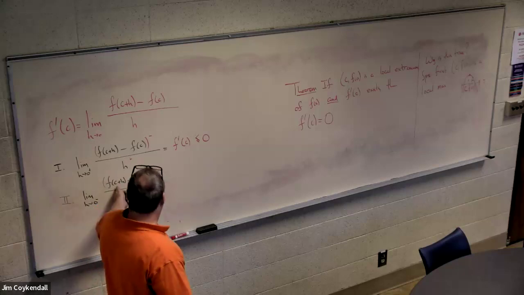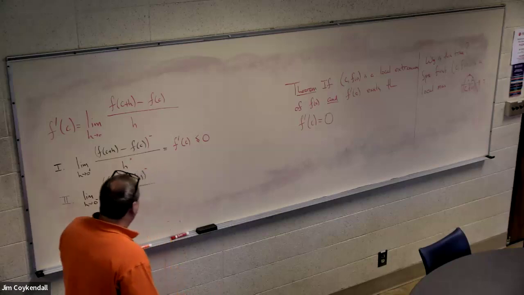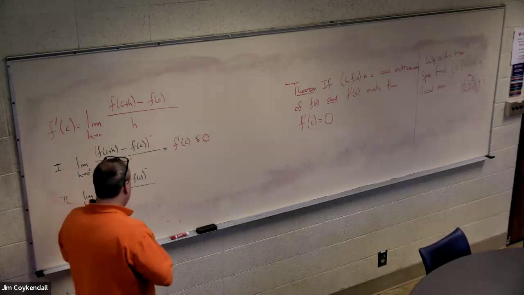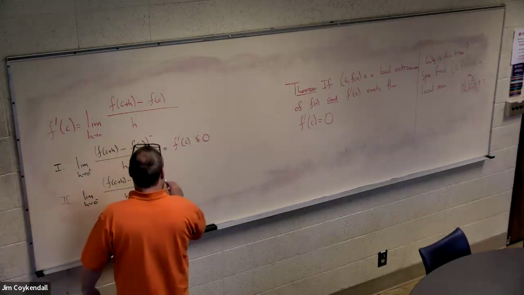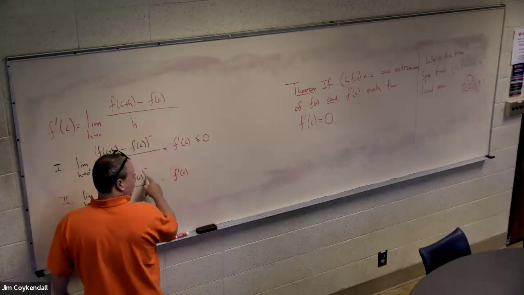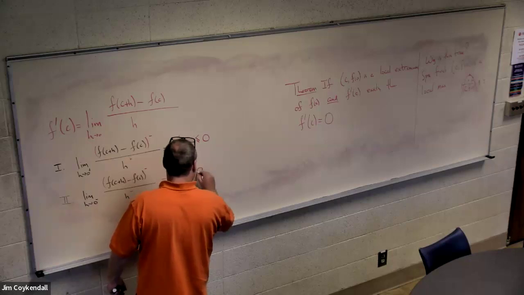I agree. So the y coordinate here is smaller than the y coordinate here, and you get a negative. Well, what's h now? It's also negative. This limit is f prime of c, but now it's a limit of negative over negative, which is positive, so it's greater than or equal to zero.